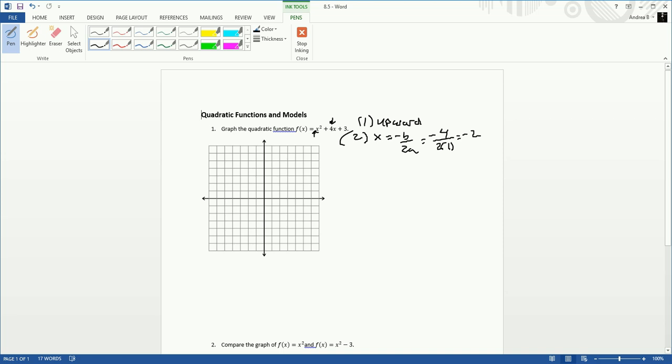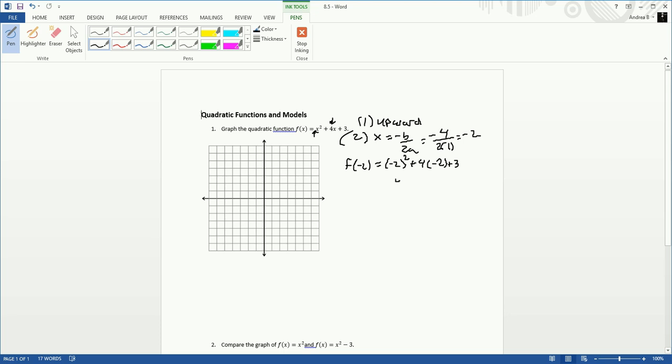To get the y coordinate, we can plug in f of negative 2, plug x equals negative 2 into the formula. So then we'd have negative 2, make sure to put parentheses around it whenever you're squaring it, plus 4 times negative 2 plus 3.